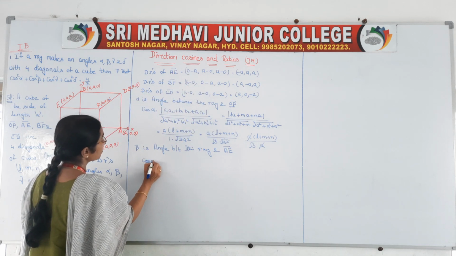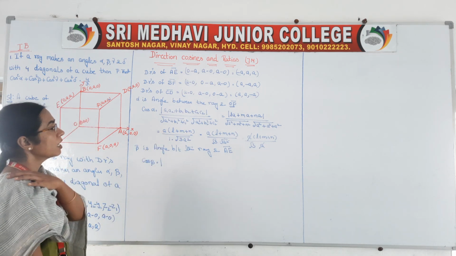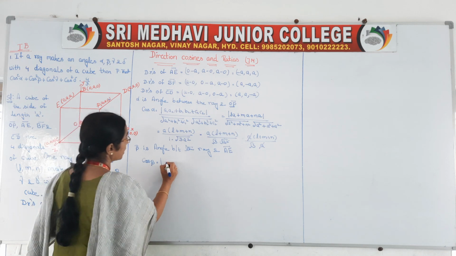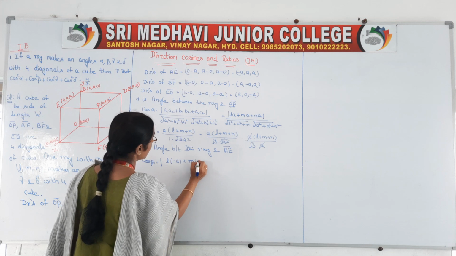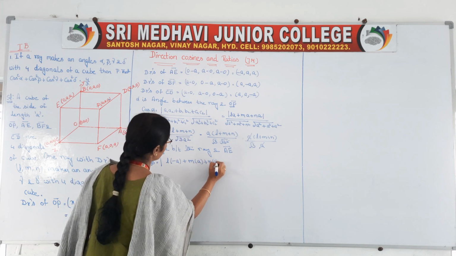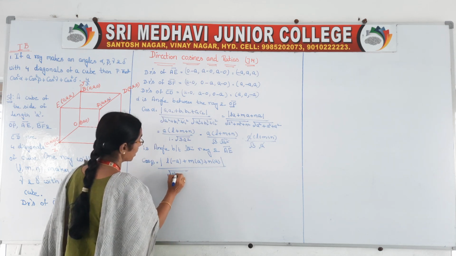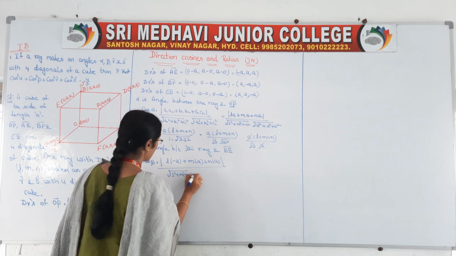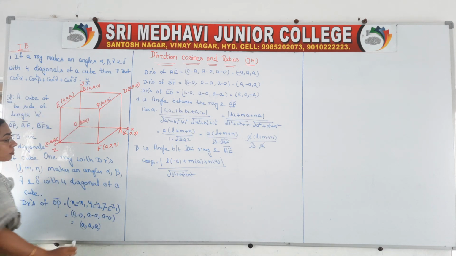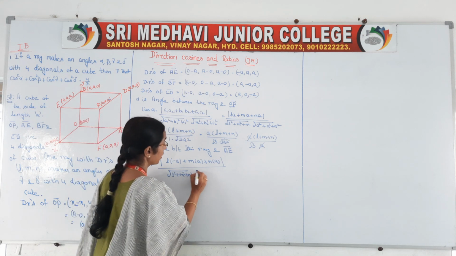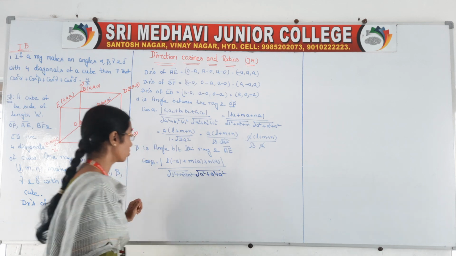So cos beta is equal to, no need to write the formula again and again, you can just apply it. L into minus a plus m into a plus n into a, by root of l square plus m square plus n square, into root of a square plus a square plus a square.